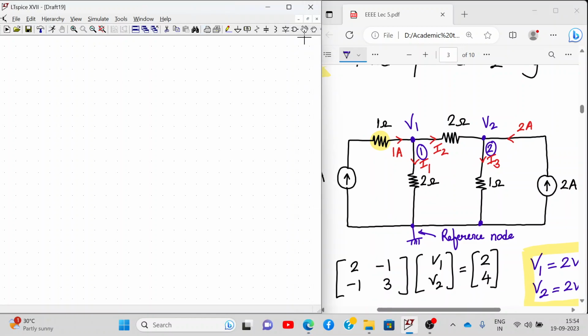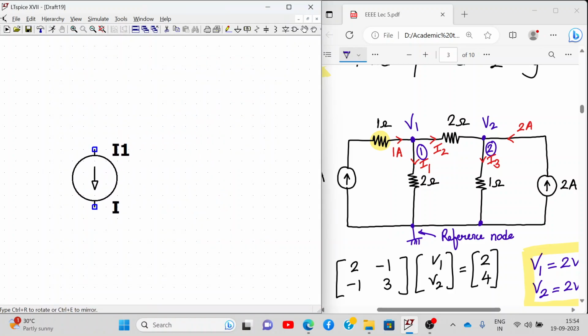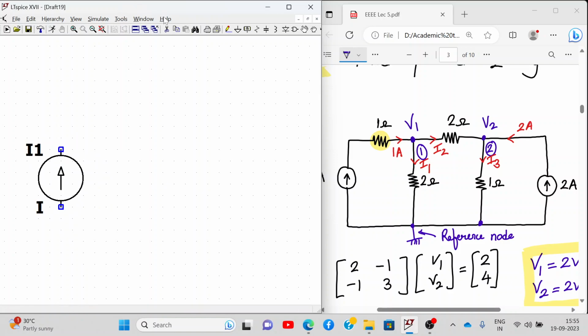This is LTspice. So let me open components and I'll first type current. I have to rotate it, so I'll press Ctrl R and place it over here. Then I require one more, so I'll use this copy option to copy the current source once again.